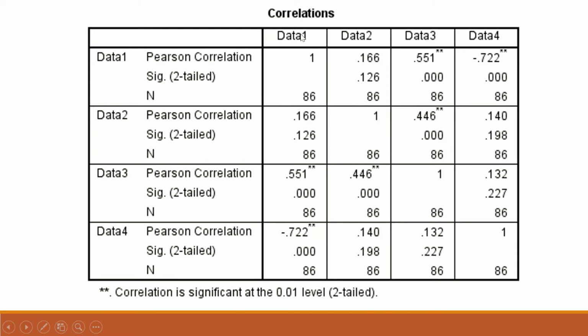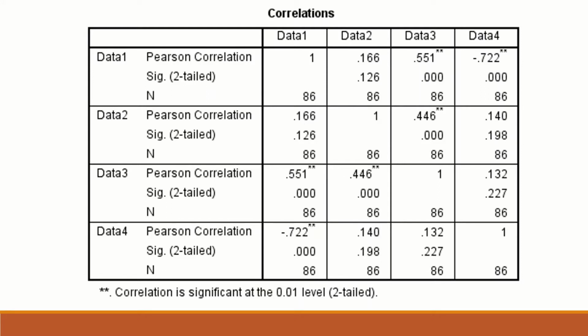If we look at the correlation between data 1 and data 2, the coefficient is 0.166. This is a weak and positive relationship between data 1 and data 2. However, the p-value is 0.126. So though there is a weak correlation between data 1 and data 2, it is not statistically significant.